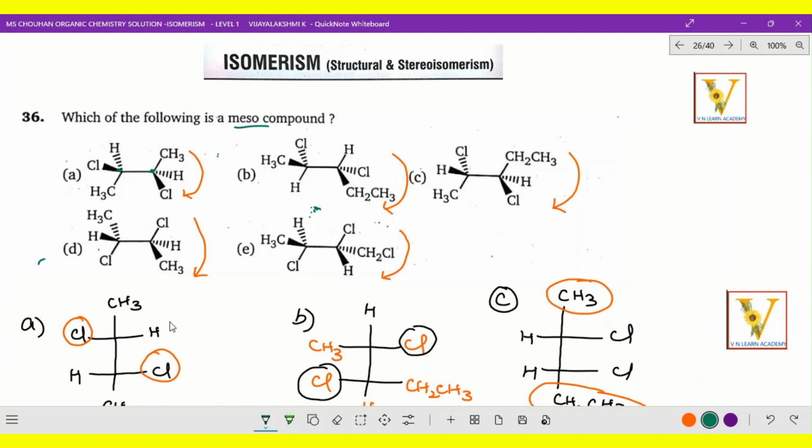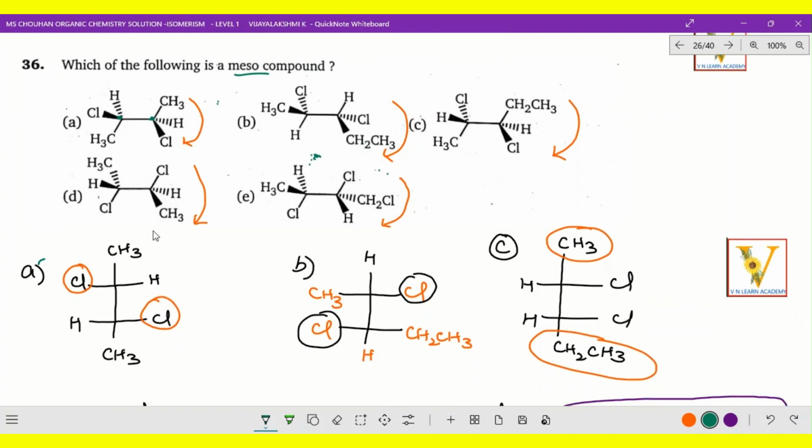So I just bring it to your notice. See here, CH3 is there on the top, and in the wedge position I just put Cl on the first carbon, and in the dash position I just put hydrogen. So this is the front carbon, and this is the back carbon. The back carbon I just rotated 180 degrees.